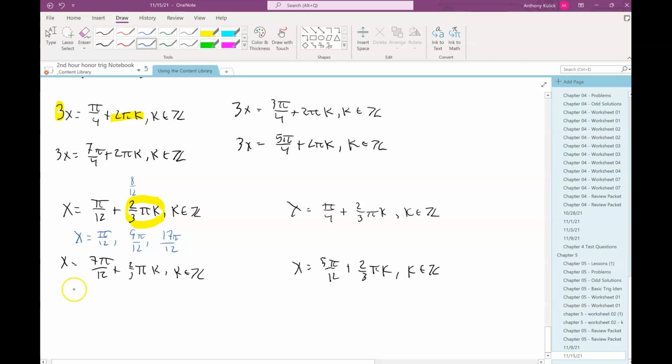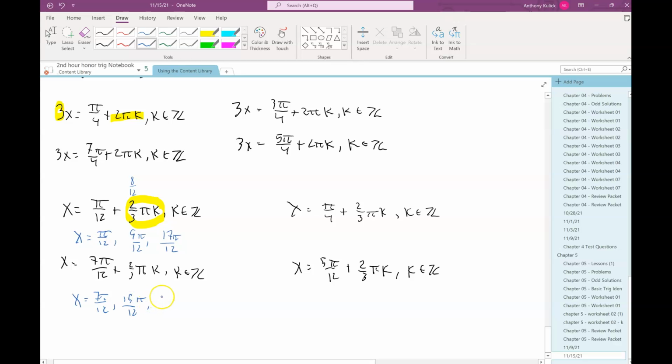Okay, on to the next one then. So again, 7 pi over 12 is my base solution. I know if I subtract 8/12 from that, I'm going to get a negative. I don't want that. So we'll just be adding. So I get 15 pi over 12. That's okay.